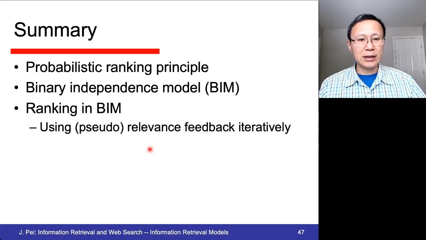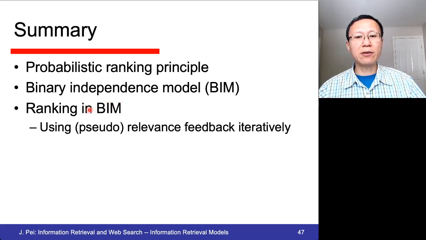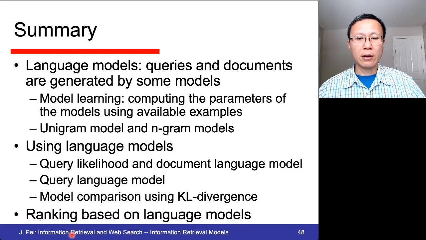This wraps up the whole section on information retrieval models. The important thing here is that we introduced the probabilistic ranking principle and the binary independence model. And then we talked about the ranking in the BIM, for example, using the pseudo-relevance feedback iteratively. We also talked about language models. The queries and the documents are generated by some models.